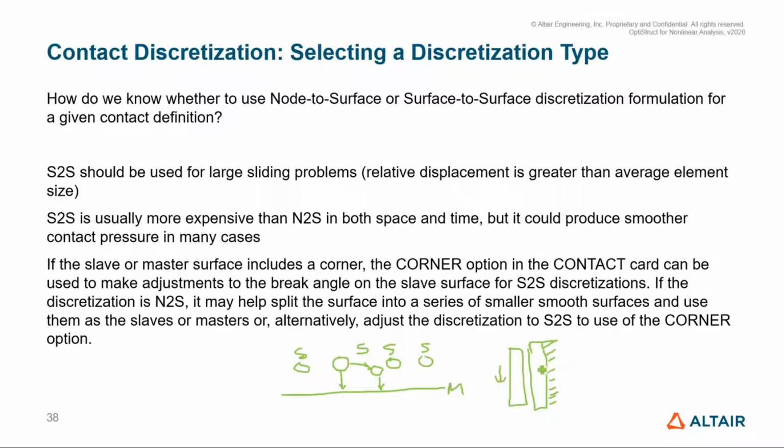My E here, my Young's modulus, is lower. It's a softer object, and my moving object is a harder object. So how do you define this now? The rule of thumb is just a general guide. You can always switch between them, but that's the normal rule that we follow.